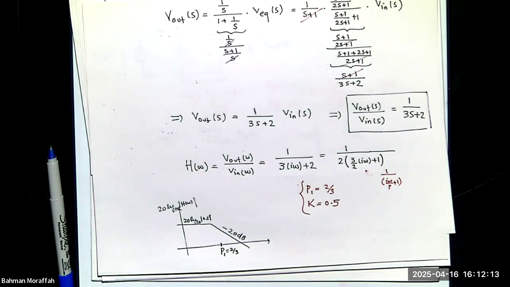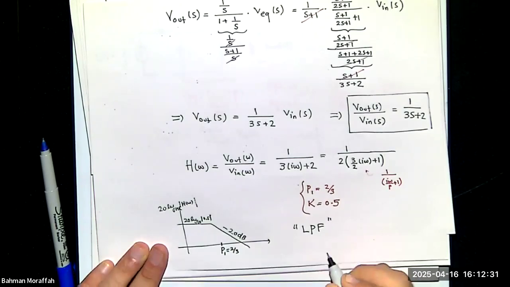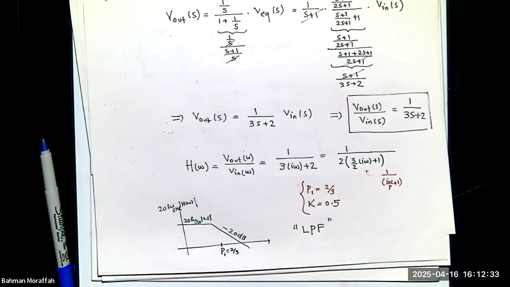Right? What kind of filter is this? It's a low pass filter, right? It keeps low frequencies and rejects higher frequencies. So this is a low pass filter. If I wanted to check if this is exactly like a low pass filter, how would I check it?